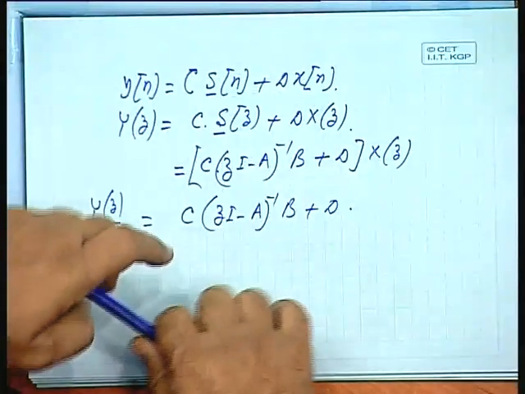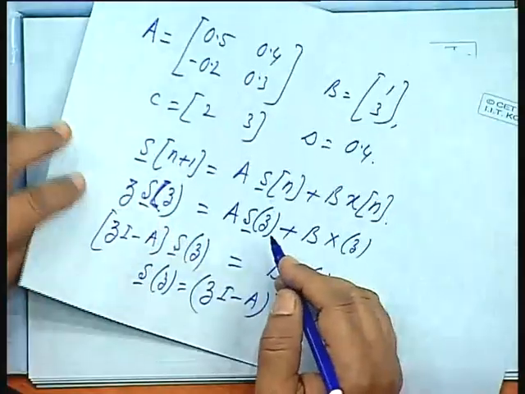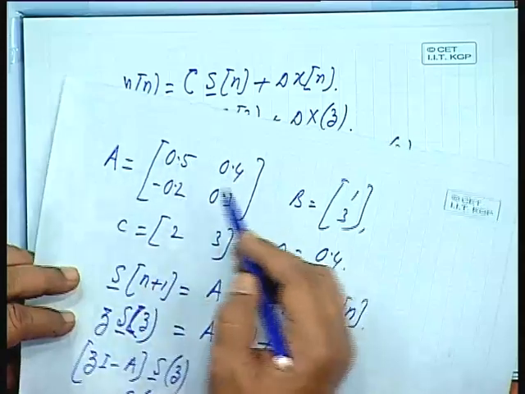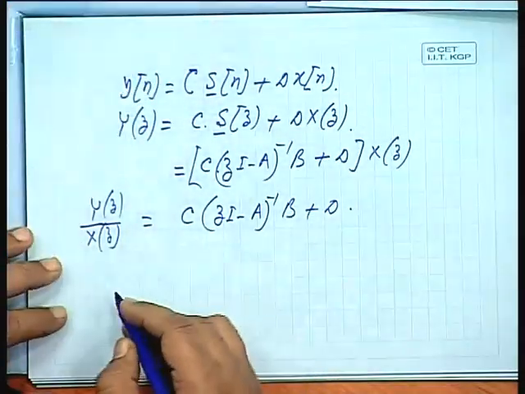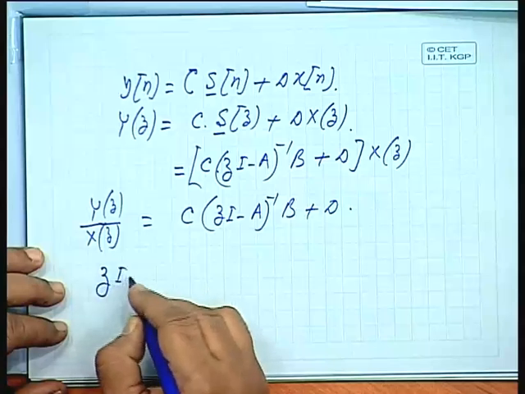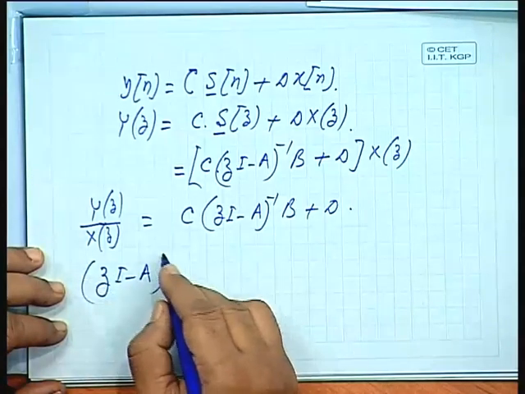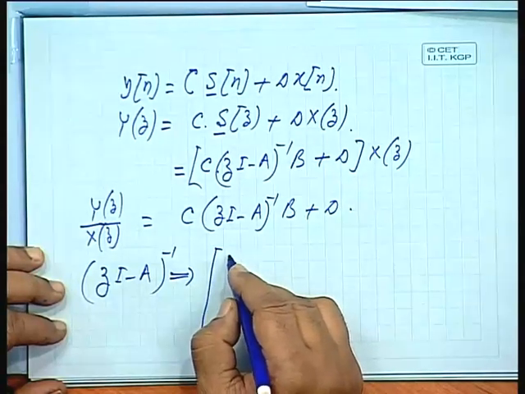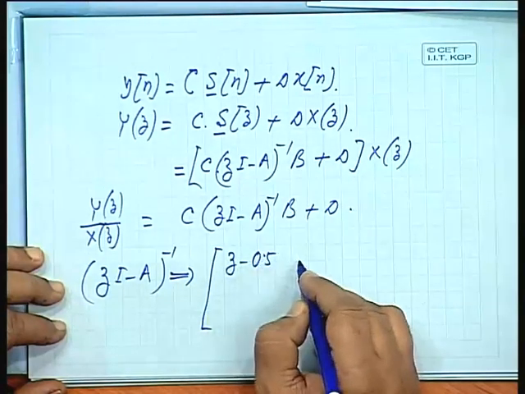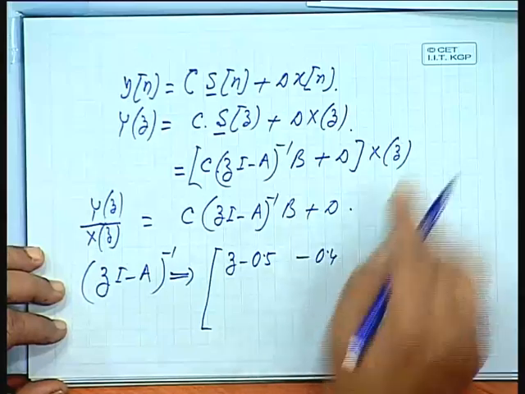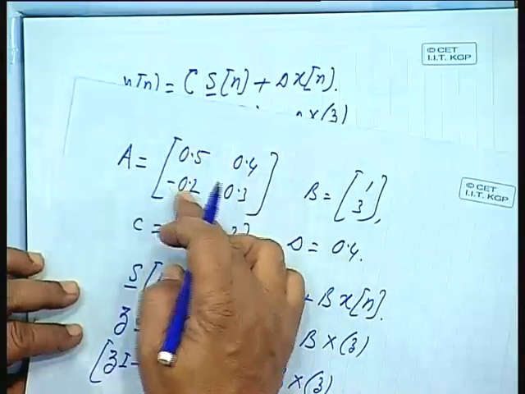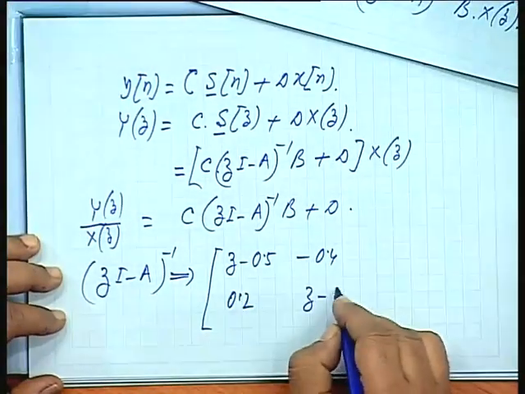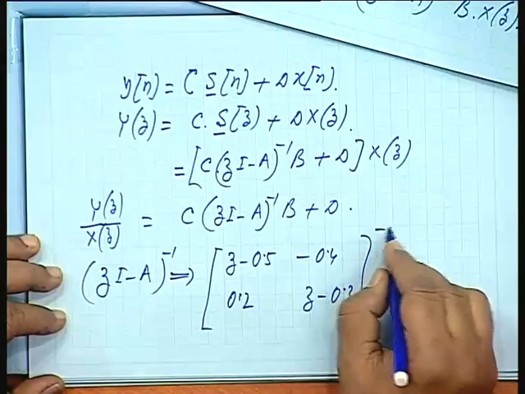So, for the given problem, Zi minus A, so these terms will be all negated, subtracted from Zi. So, (Zi minus A) inverse will be, how much is it? Z minus 0.5, minus 0.4, this will be minus, this will be plus, this will be minus. So, this will be 0.2 and Z minus 0.3, to the power minus 1.